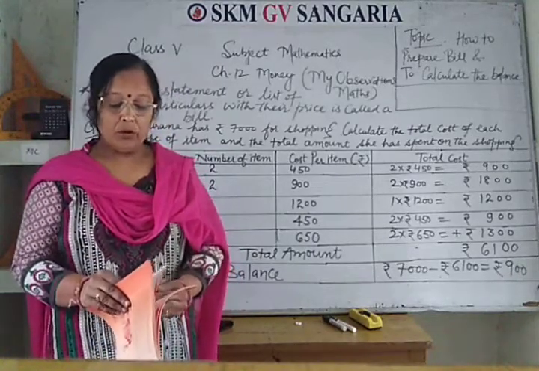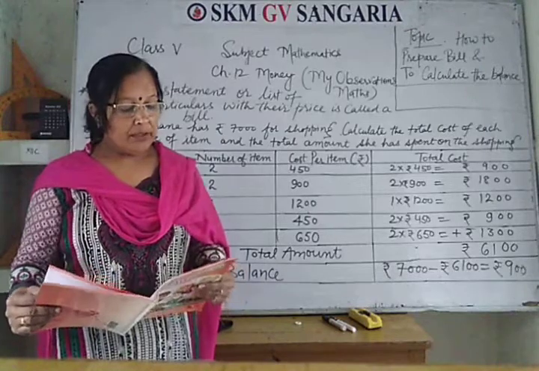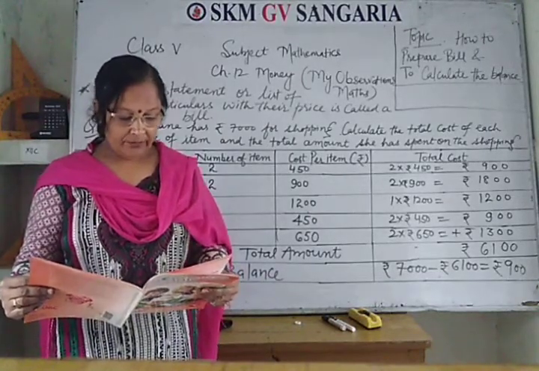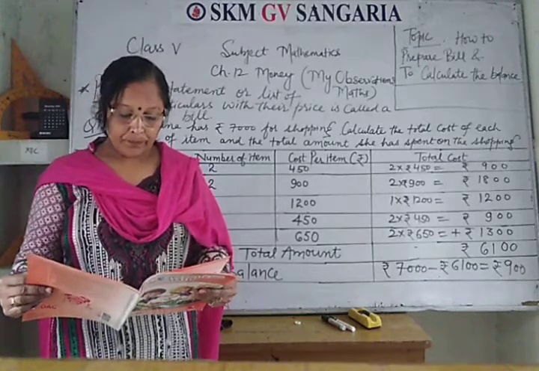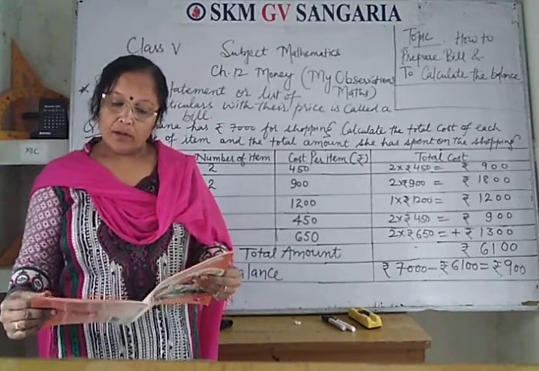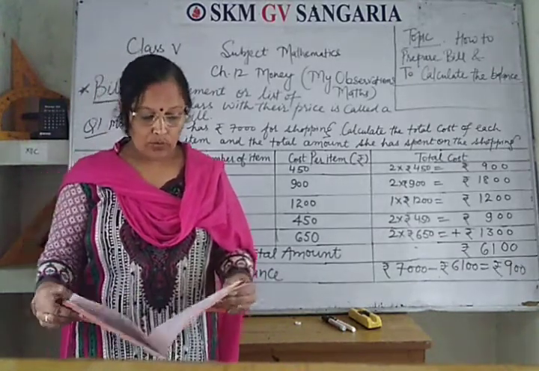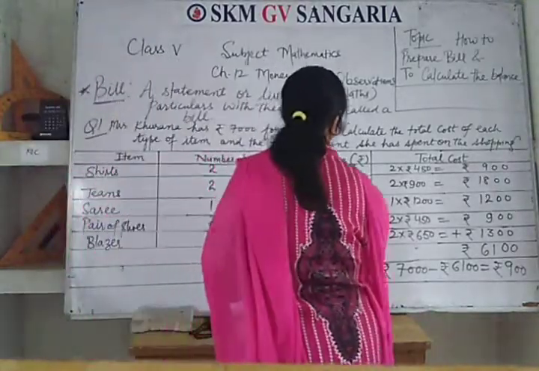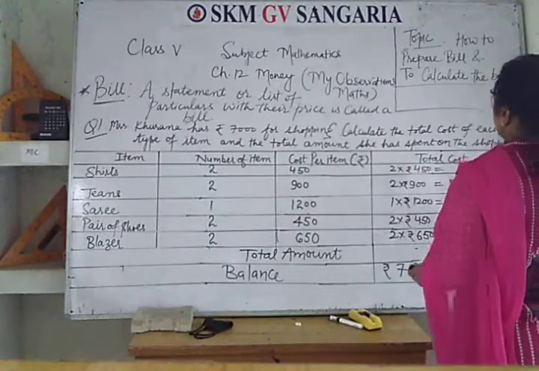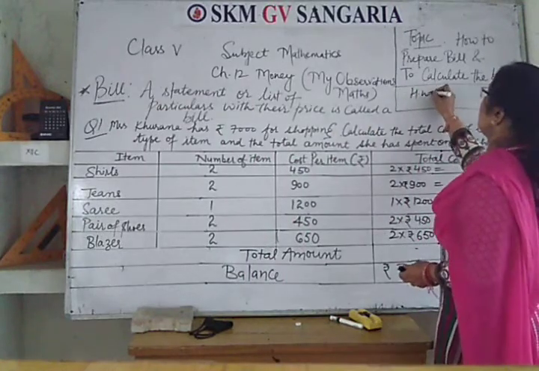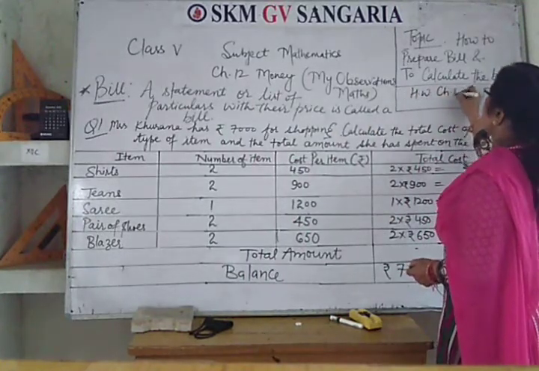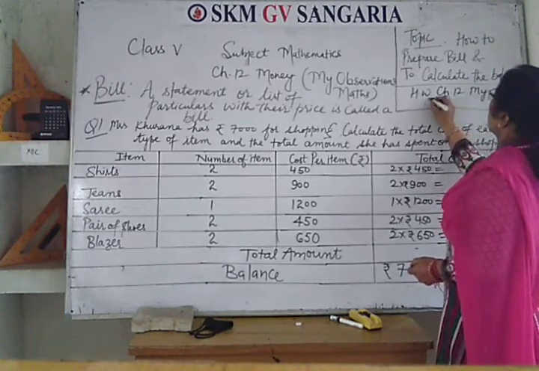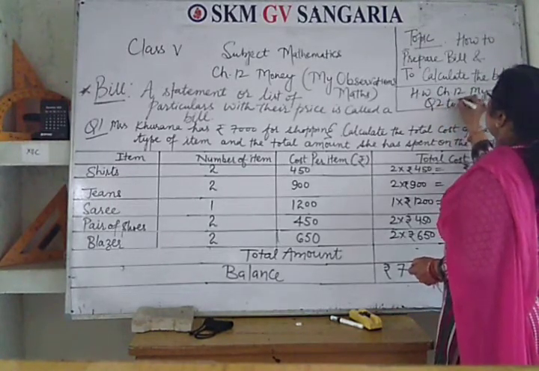Very simple. Your homework will be chapter number 12 of your book, My Observation, question number 2 to 5.